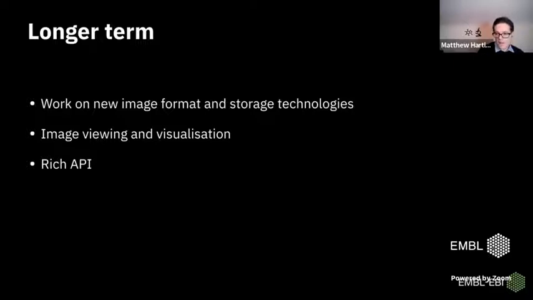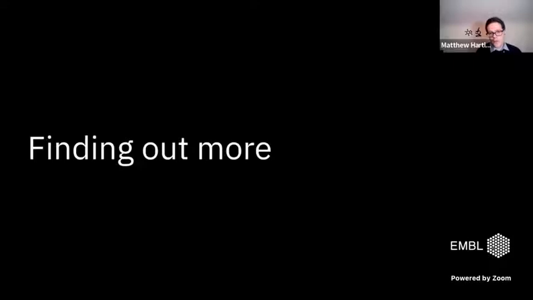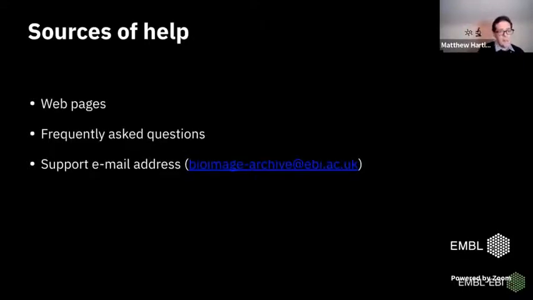So, last slide before we go on to questions, and at that point I'll answer the question that I haven't covered so far, and then you're welcome to ask more. Where to go to look for help? First port of call is our web page.